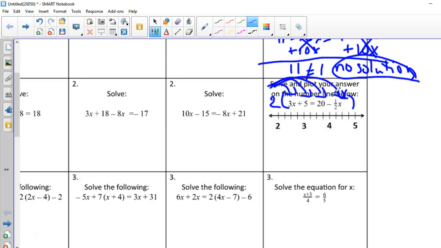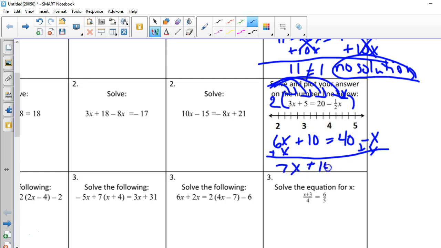So we're going to start by multiplying: 2 times 3x is 6x, plus 2 times 5 is 10, equals 2 times 20 is 40, minus 2 times 1/2 is 1x. Now you can write the 1 there, I just don't do it. Now, I need to add x to both sides to eliminate the variable from the right side.